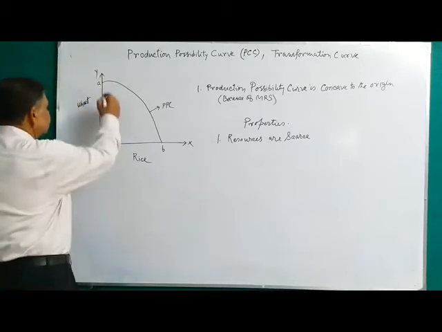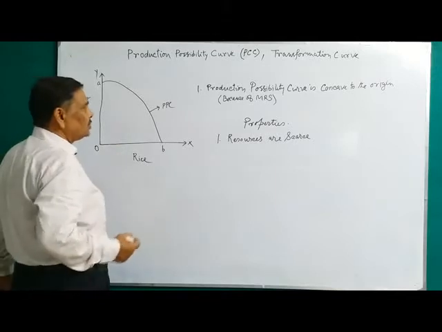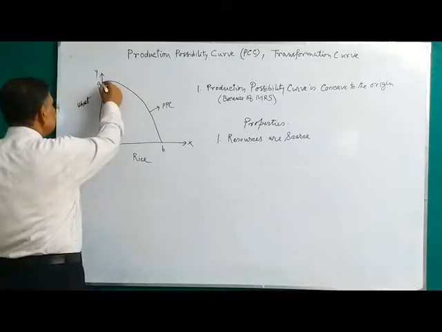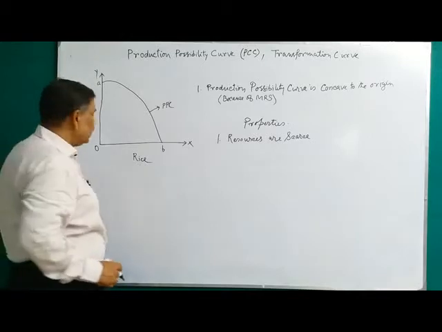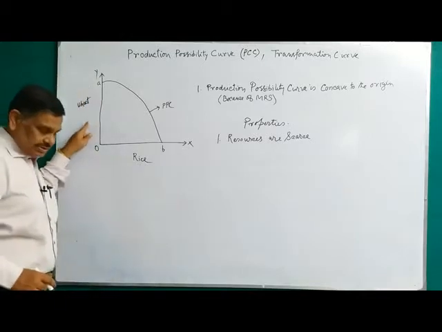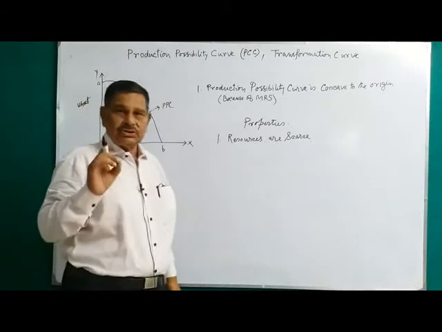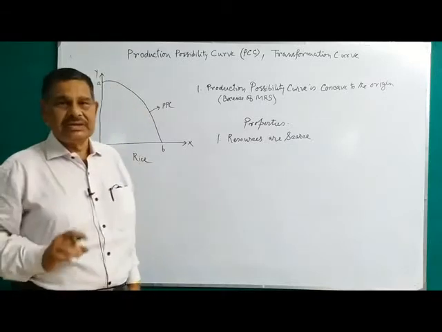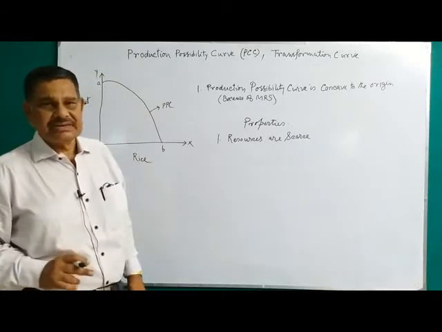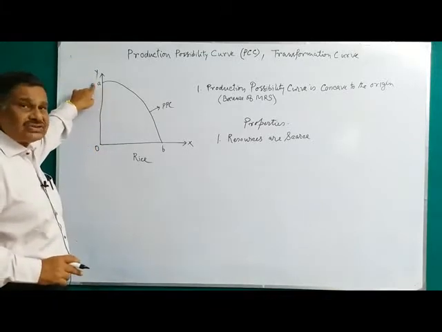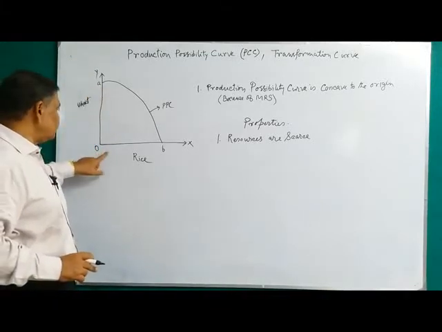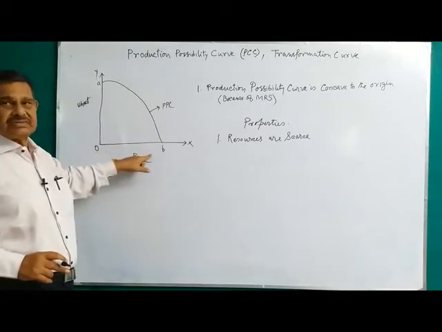If you spend the total income on wheat, you can purchase OA amount of wheat and zero amount of rice.